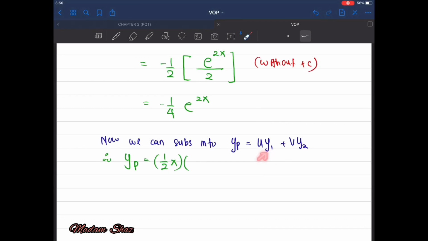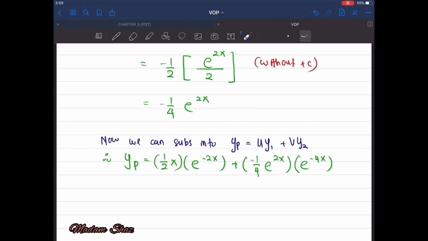What is our y1 before this? y1 is equal to exponent negative 2x, plus v. What is our v? v is equal to negative 1 over 4 exponent 2x, multiplied with y2. Check back what your y2 is: y2 is equal to exponent negative 4x.